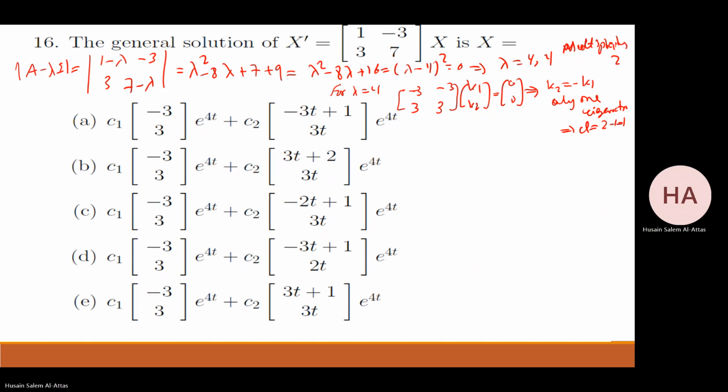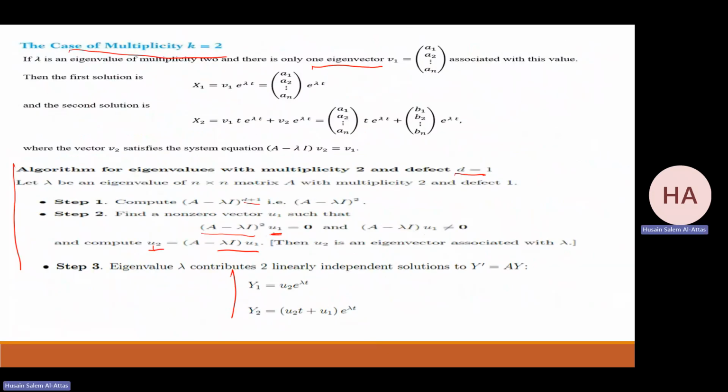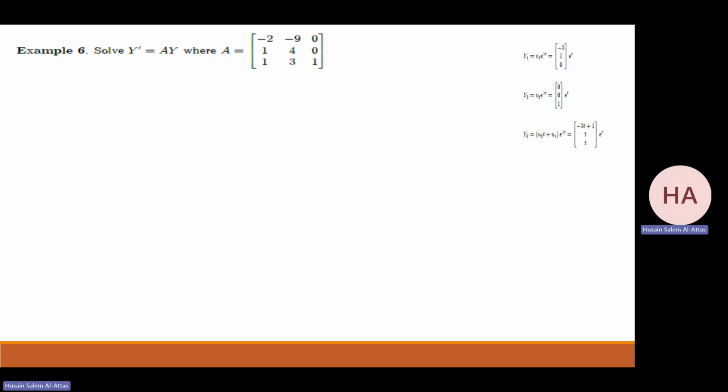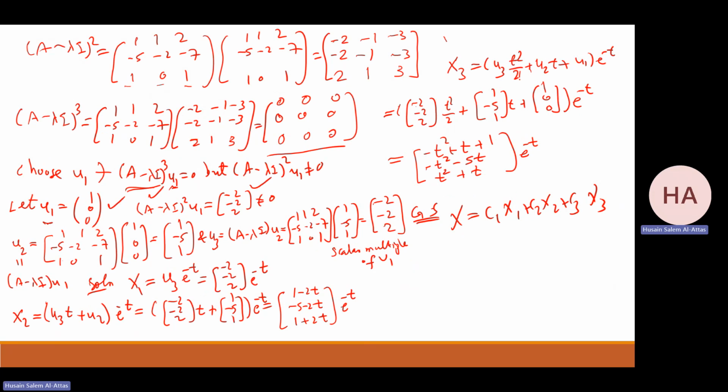Okay. So I have this case. Yeah, this one. So I need to find the square. Then I try to choose U1, and then I get U2, then I get the answer. Okay, let us do it using the same procedure like what we did before.